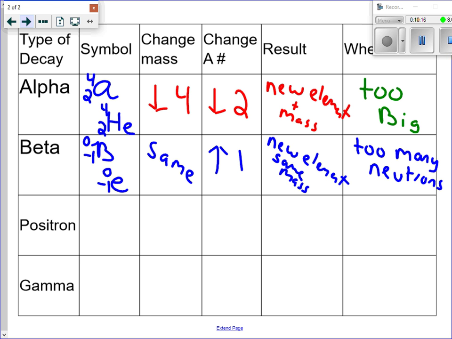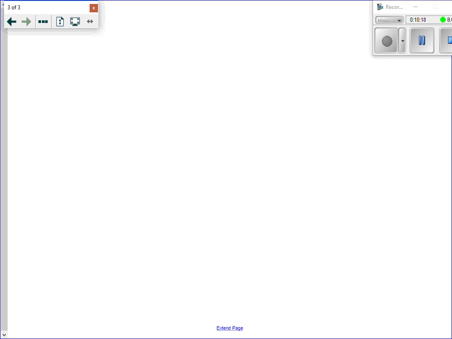I'll give you another example of beta decay. If you've ever heard of something called carbon dating, you have a fossil. How old is this fossil? Oh, we found a wooden bowl that years ago they might have used as a tool or whatever it might be. Carbon dating deals with that.